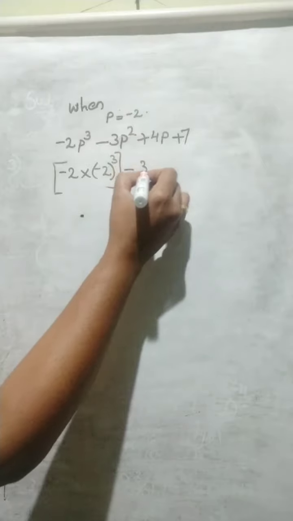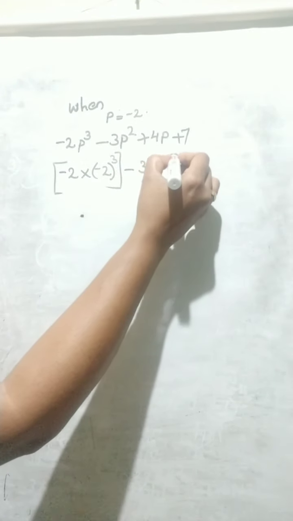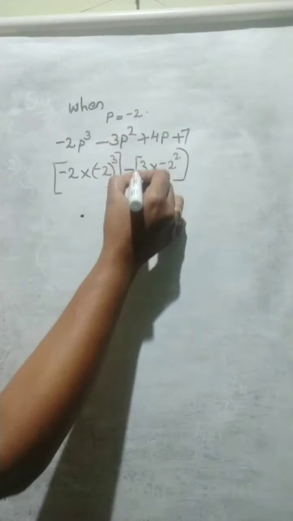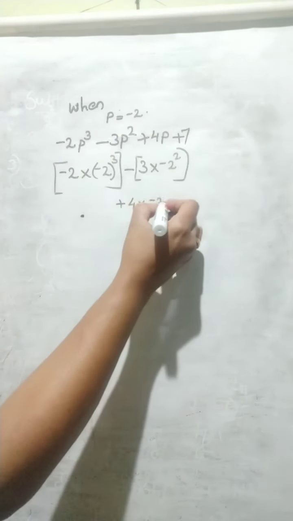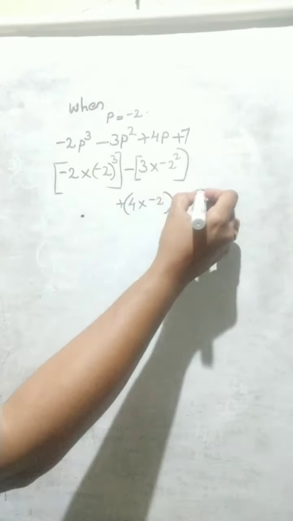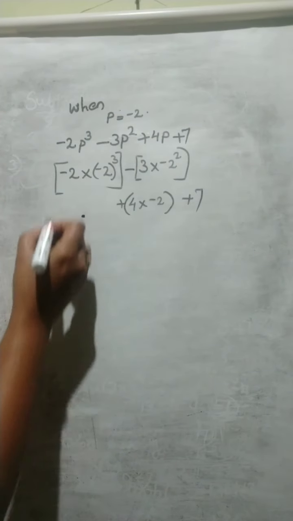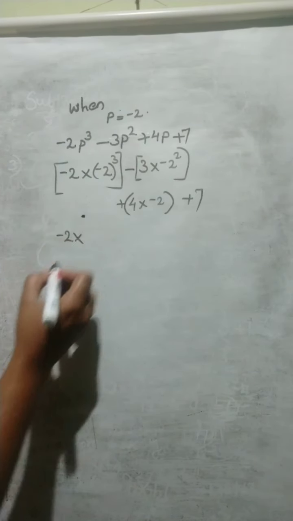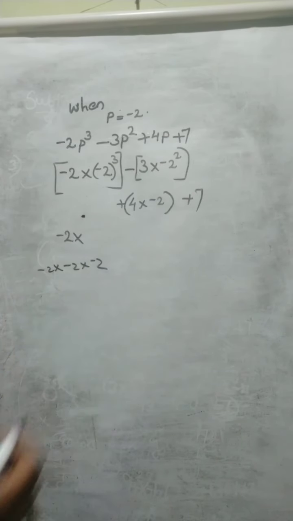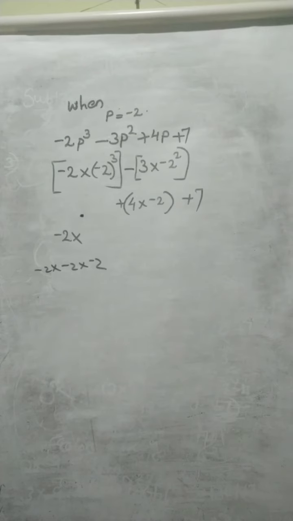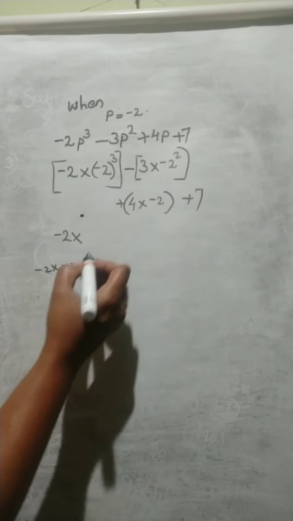Minus 3 multiplied by negative 2 square. Next term. Plus 4 into negative 2. Next term. Plus 7. Now negative 2 multiplied by negative 2 into negative 2 into negative 2. What is the answer? That is negative 8.